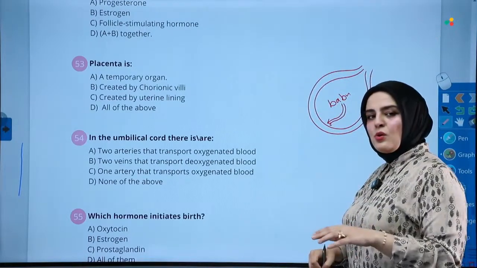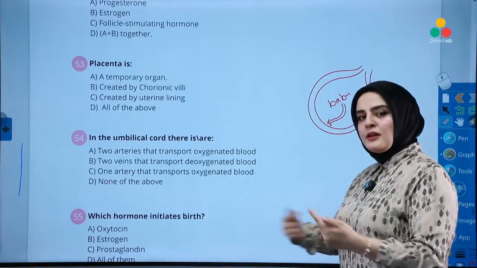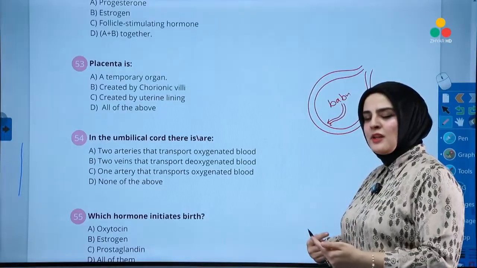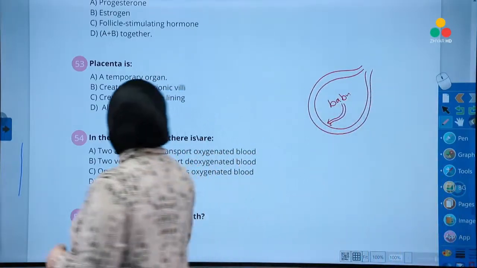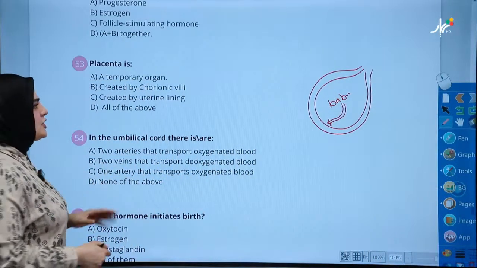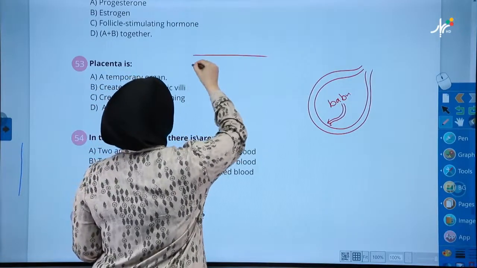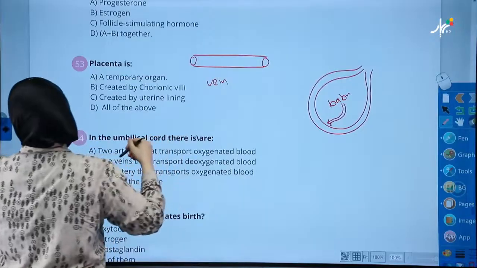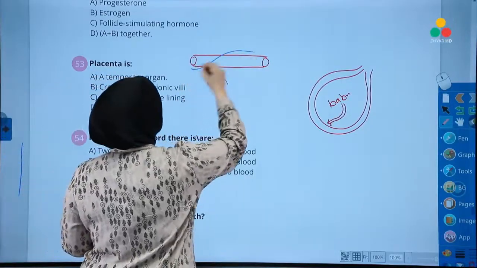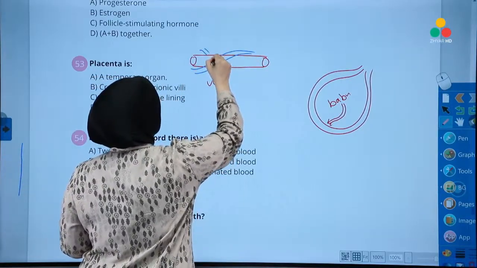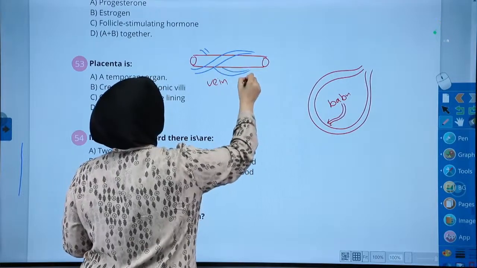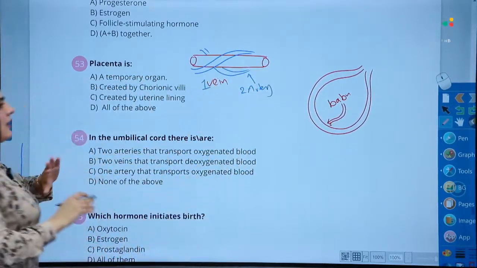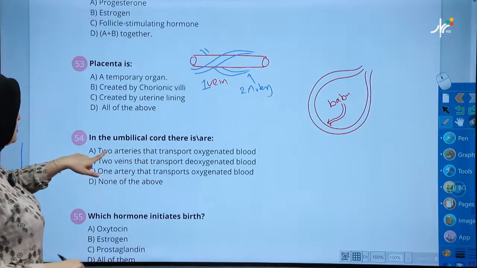Now, the umbilical cord is exchanging blood between the mom and the baby. So what is inside it? First of all, we should know that the umbilical cord is made of one big vein and 2 arteries that are surrounding it. Okay, what are these? Artery 2, 1. Let's cross them out just based on that.